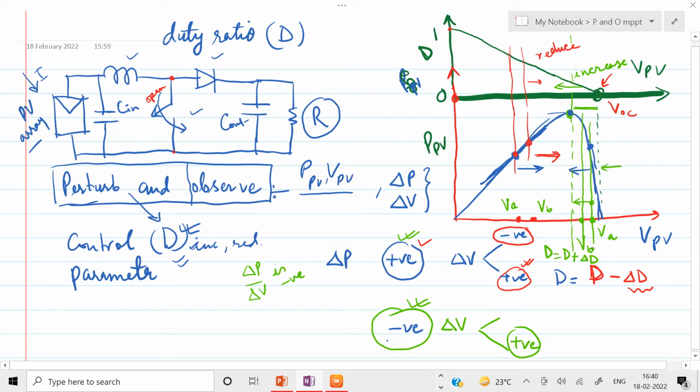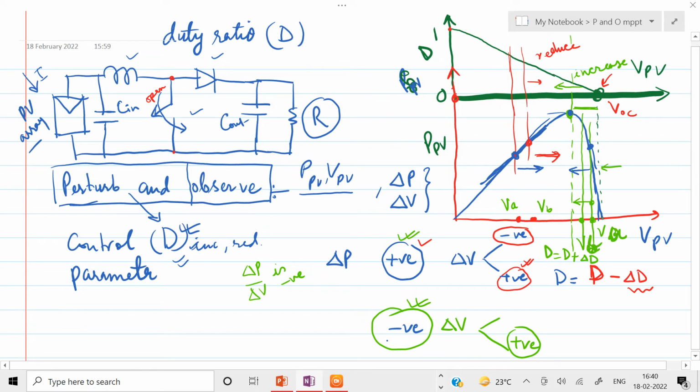But now VA is this one and VB is this one, because we are getting a positive voltage here. That means delta V is positive, and V after is here and V before is this one.